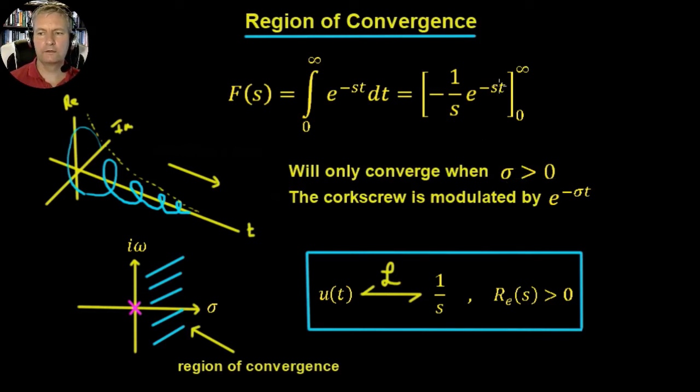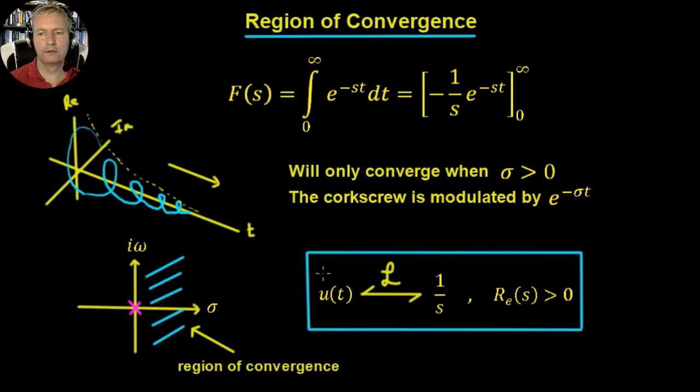So as t tends towards infinity here, this value, e to the minus st, will tend towards 0 whenever sigma is greater than 0. So that's the extra proviso. We need to ensure that sigma is greater than 0. So the first part with infinity would give us a value of 0, and then it would be minus, and putting in a 0 for t, e to the power 0 is just 1, so you just have minus 1 upon s, which is just 1 upon s.